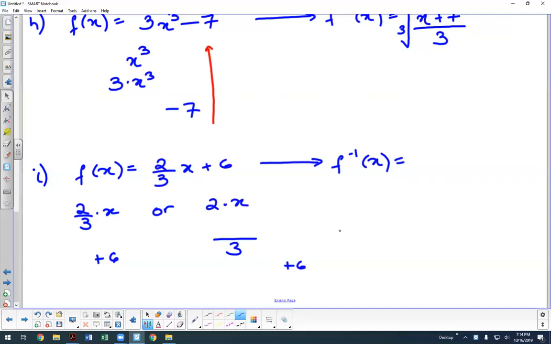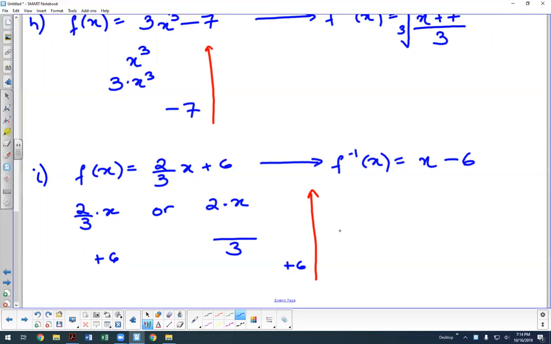So when we go in the reverse order, that means you would start out with the x. Since 6 was the last thing that was added, 6 would be the first thing that's being subtracted.